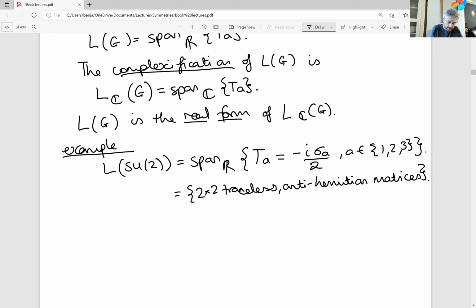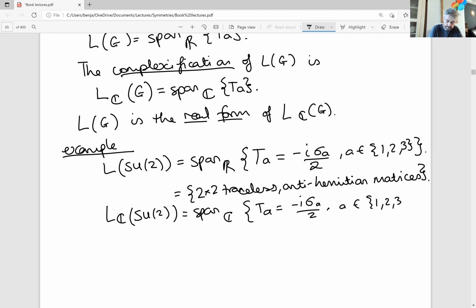So if I look at the complexification of this Lie algebra, well, of course, it's the span over the complex numbers of the same basis. So these are 2 by 2 traceless complex matrices, the set of all of those.